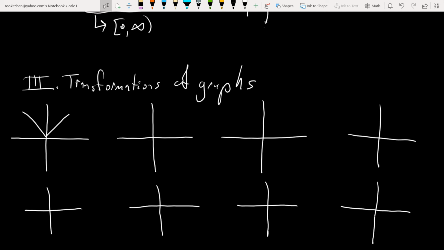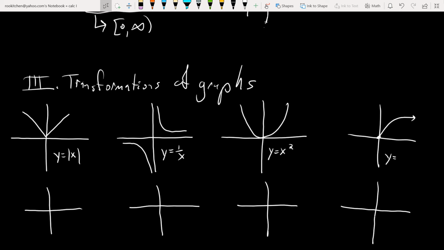So absolute value, the one we just did, the rational function. Parabola is obviously y equals x squared. The parabola's friend here, it's kind of half inverse, square root x. What else? The cubic, y is x cubed, should go through the origin.